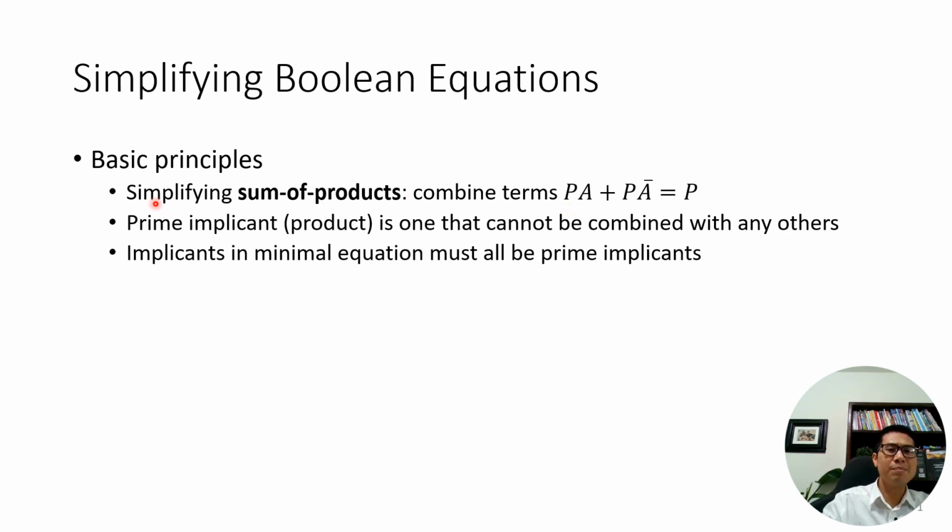So if we're simplifying sum of products, it's going to go with minterms. A lot of Boolean equations have this similar form. You have the products of the inputs, and this one is the sum, and this one is the products, which is the sum of products.